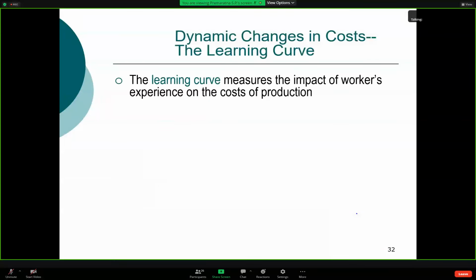Another thing: using experienced workers to reduce the cost. That's what we call the experience or learning curve.